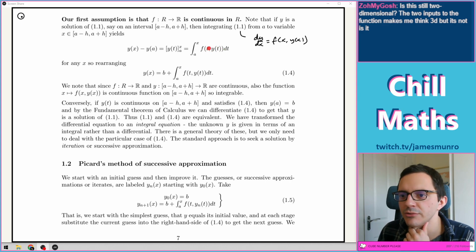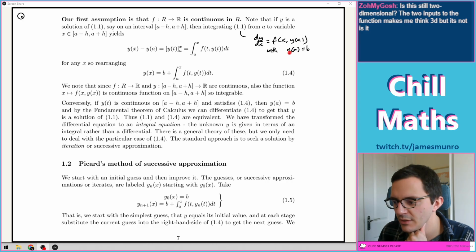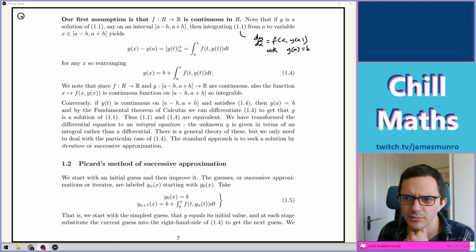And I forgot to write down also that we're solving this with the initial condition, y of a is equal to b. That's important. I think it's one-dimensional, as x is a scalar variable.